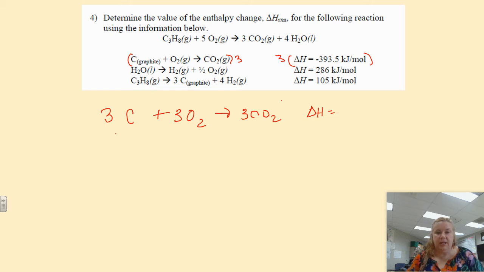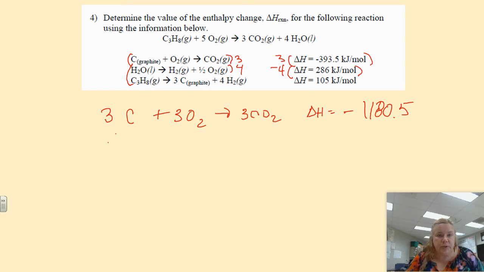And we get negative 1180.5. Okay, so this next one, what parts do we need? Hey, there's our liquid water. That would be really helpful. According to our equation, we need 4 moles of liquid water. So we're going to have to multiply by 4, and we're going to flip it. So we're going to multiply our delta H by negative 4.